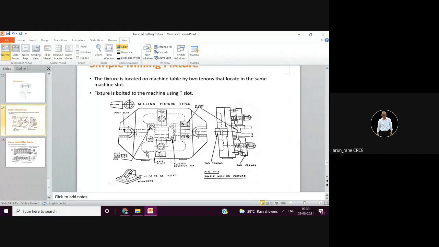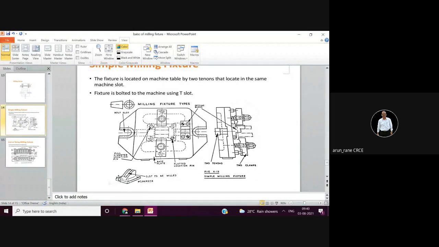Okay, so here we have locator pins for locating the workpiece. Obviously you need to use two pins, because if you are using only one pin then the component can rotate. So there are these 4 holes which are already drilled.